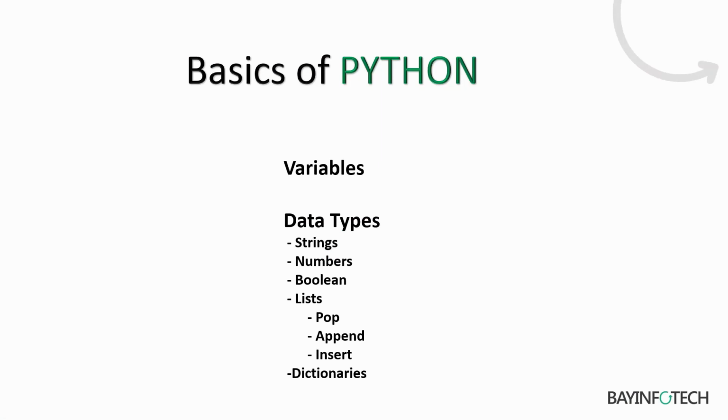So in the basics of Python, what we're really going to look at is how we use variables and the different data types that you can see here: strings, numbers, Boolean, lists, and functions within lists being pop, append, insert, and the final one would be dictionaries. So let's go ahead and use the first option out of the two options for executing a Python script, the dynamic interpreter.